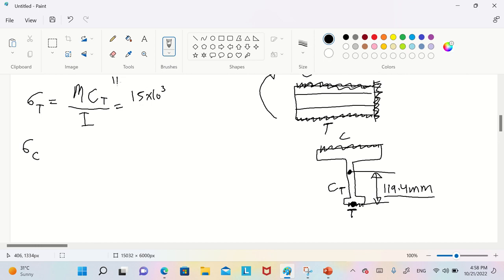We change it, 15 kilonewton multiplied by the meter to 15 Newton meter, multiply by the 119.4 times 10 minus 3 over the moment of inertia that we get is 6.06 times 10 power minus 5.